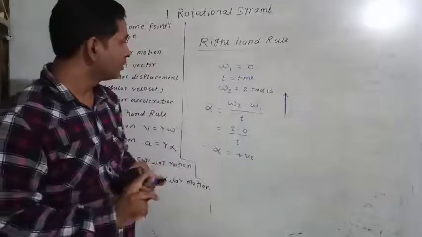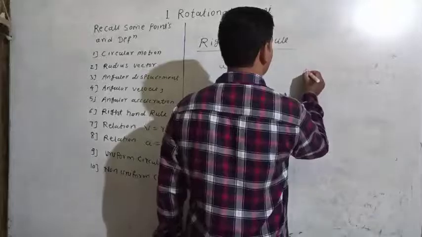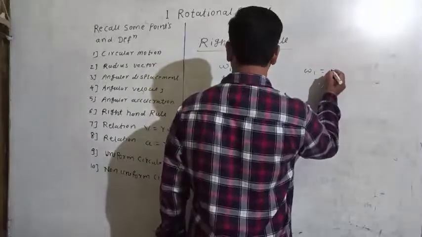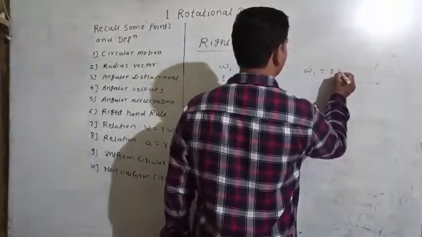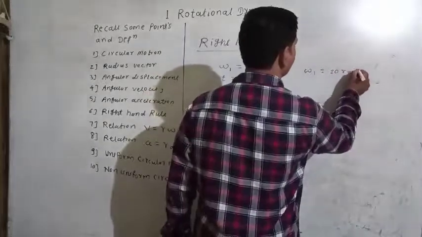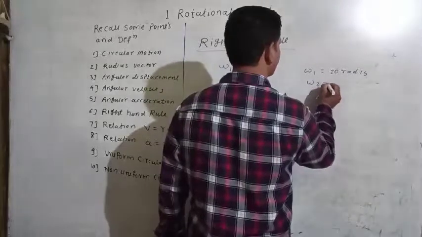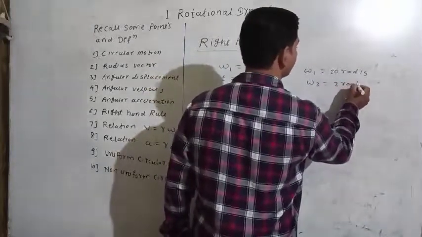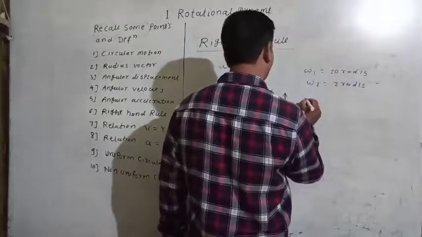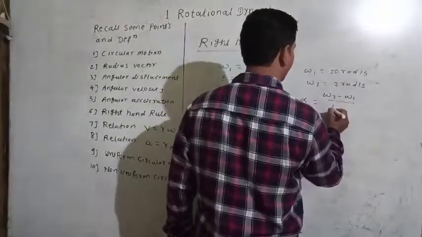Okay. In the reverse condition, omega 1 equals, suppose, 20 radian per second, and omega 2 is 2 radian per second. Then alpha equals omega 2 minus omega 1 divided by t.